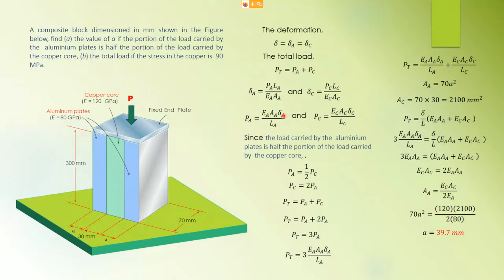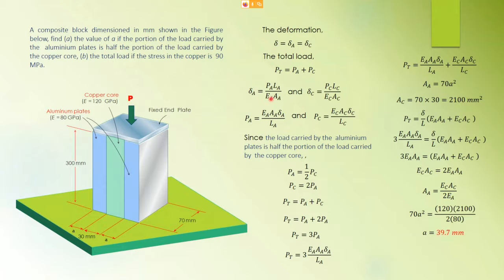Why are we taking the force or the load to be the subject? You can see there is a section B here. They say the load carried by the aluminum plate is half the portion of the load carried by the copper. This is the hint that is given in the question. So you must refer to the hints that are given in the question. So that is why I am taking the force or the load to be the subject in this case.